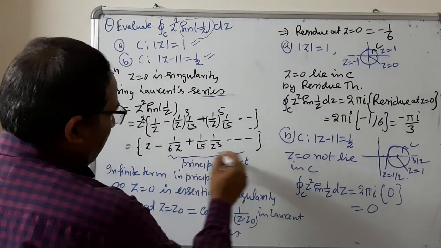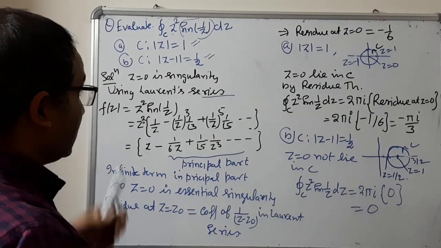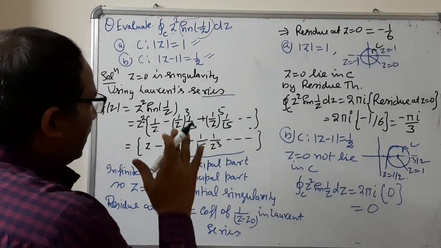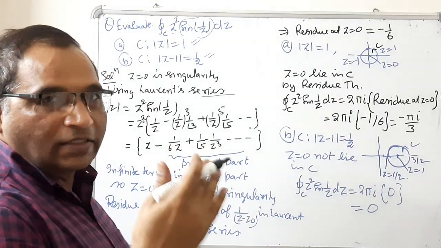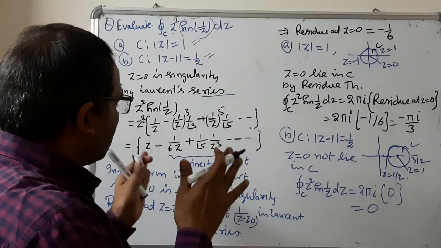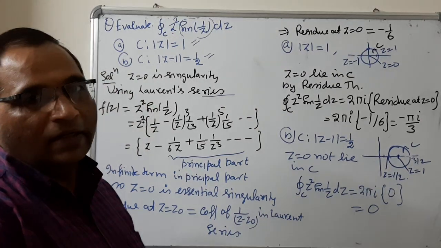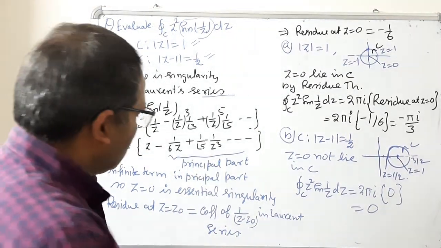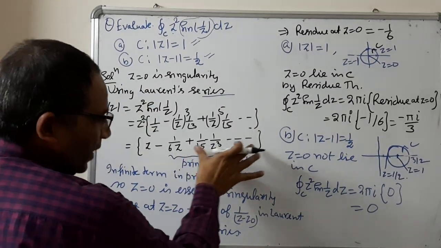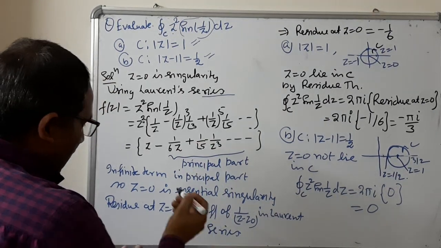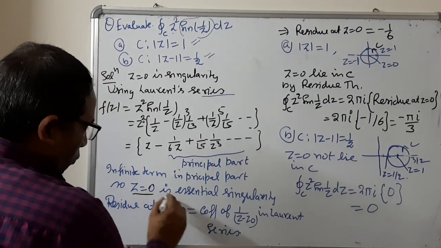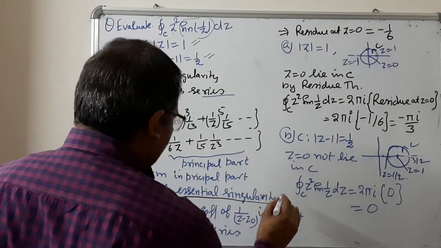And this is the principal part, because we studied in the Laurent series that the terms where 1 upon z minus z0 exist form the principal part, right? And since the principal part is there, that means there is a singularity. Because the number of terms in the principal part is infinite, we say z equal to 0 is an essential singularity.